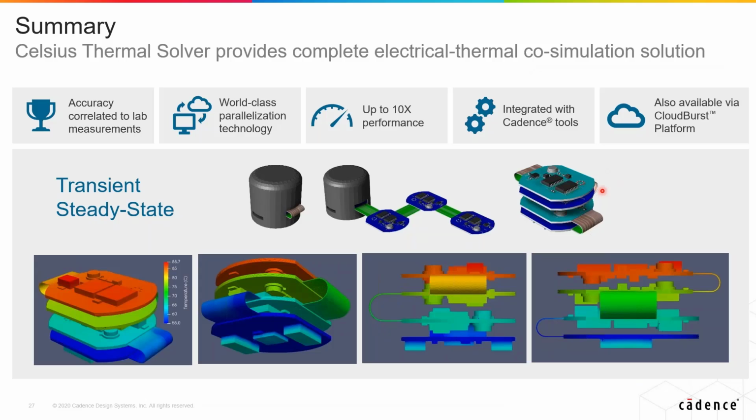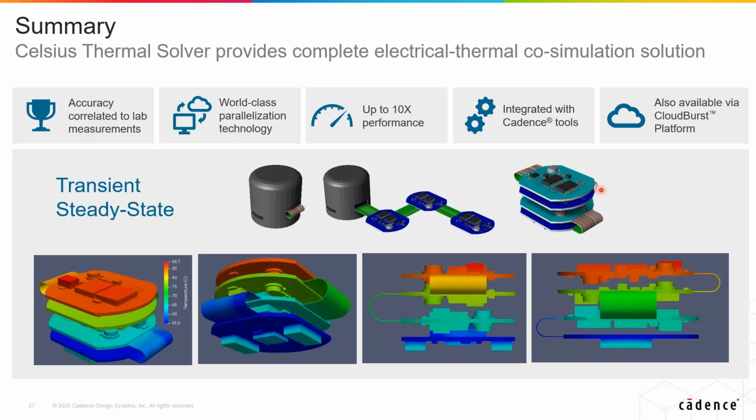A brief summary at this stage, I'd like to wrap up Celsius Thermal Solver. We can do transient and steady state thermal analysis from chip package and board, including finite element and CFD. Our accuracy has been correlated to lab measurements very well. Then we have this world-class parallelization technology to speed up the solution time up to 10x without losing any accuracy.